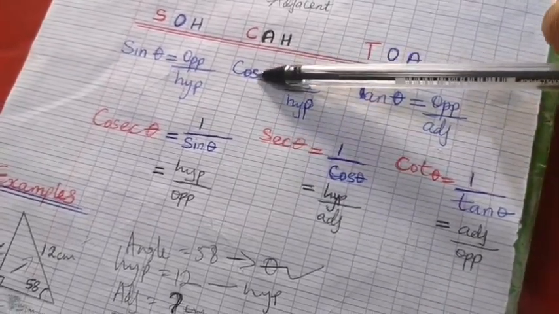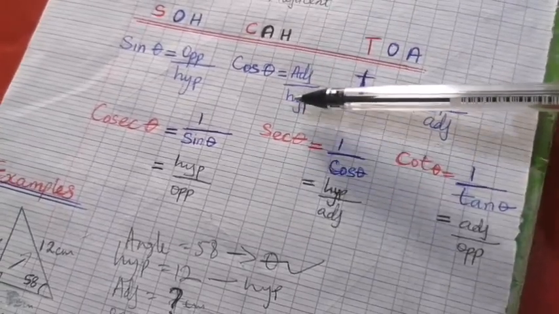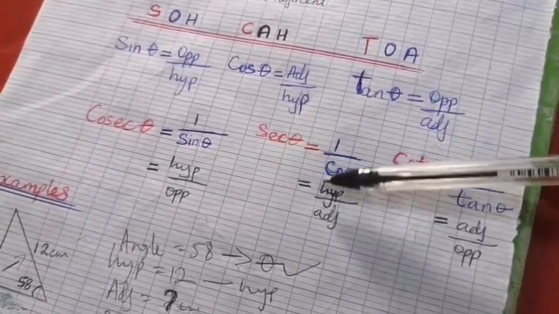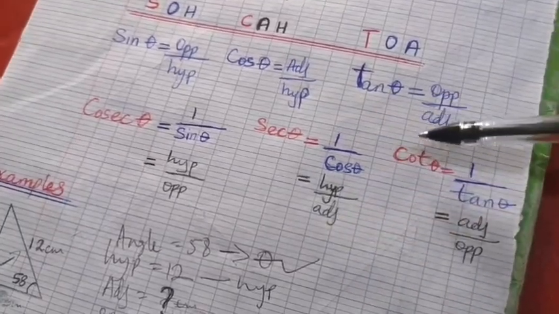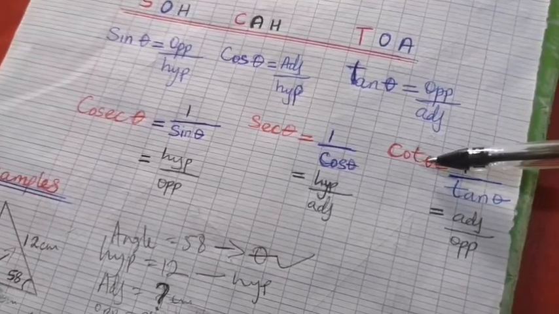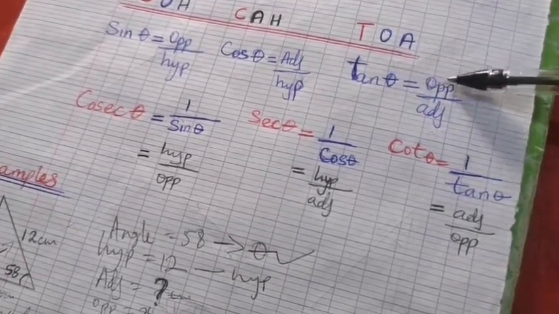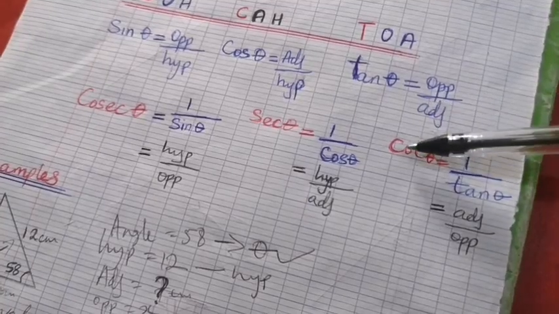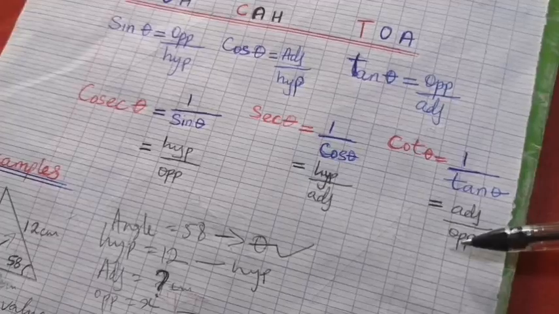Since cos theta is equal to adjacent over hypotenuse, then sec theta will become hypotenuse over adjacent. We have another one, cot theta. This cot theta is the inverse of tan theta. Since tan theta is opposite over adjacent, therefore cot theta will become adjacent over opposite, okay?